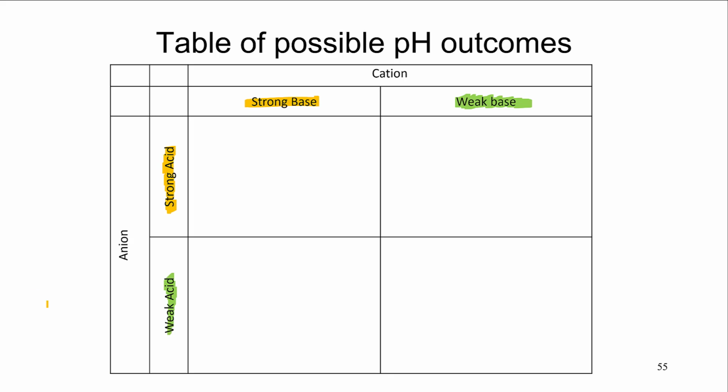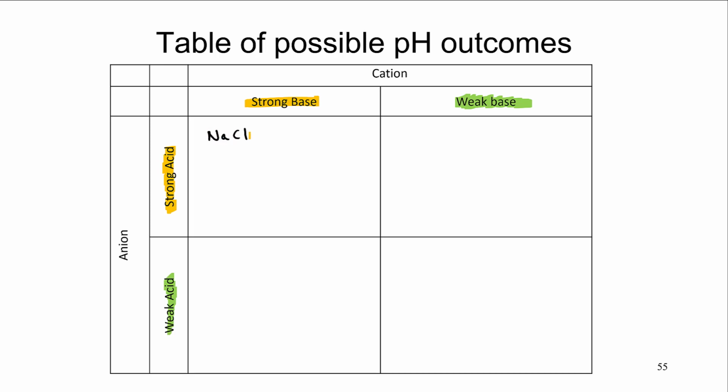Okay, so if it's a strong base and a strong acid, now we're here in the categories, right? If the salt is a salt of a strong acid and a strong base, for example, sodium chloride is a very common example.